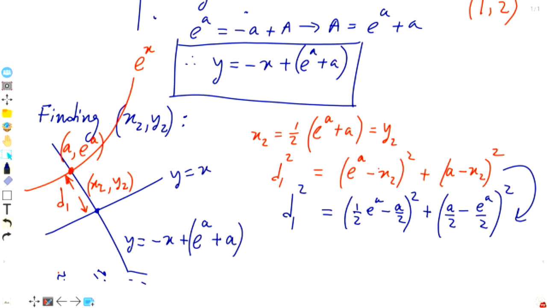No, I put it into simplest form. So what you are saying essentially is this 2 is common, right? So take it out. That's what you're saying. Are you asking me to write it like this? EA minus A divided by 2.